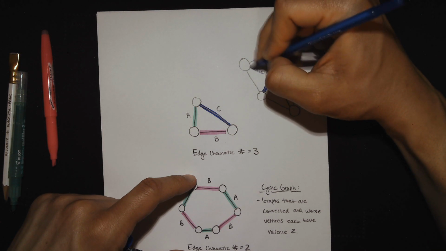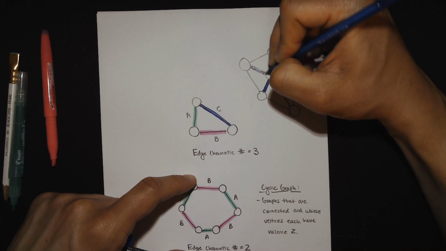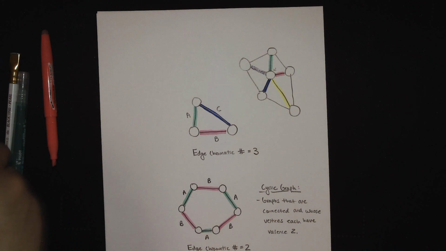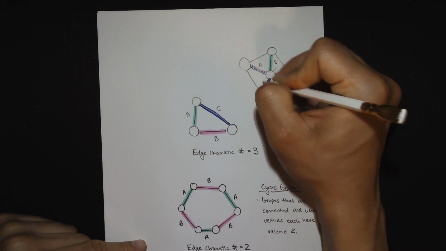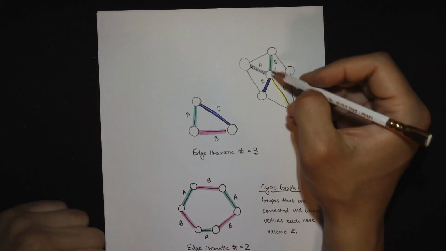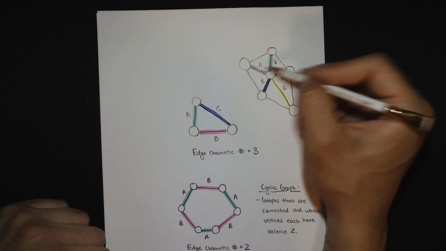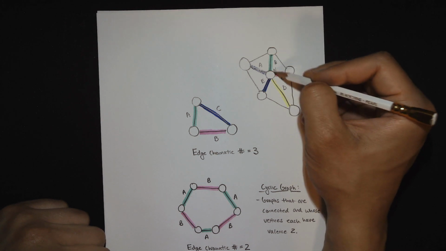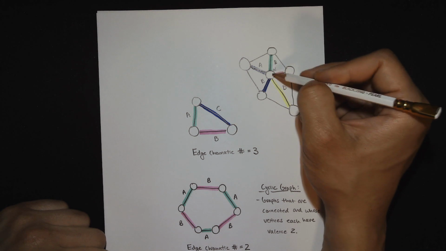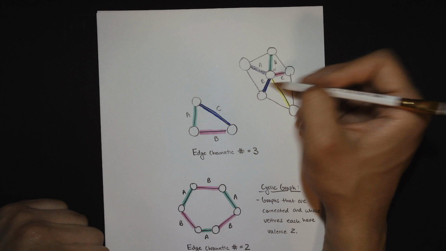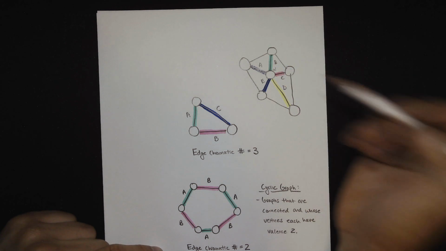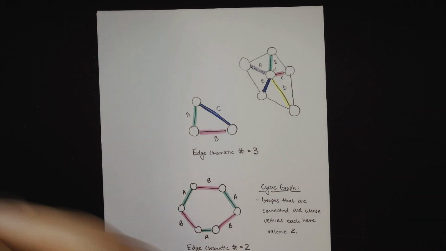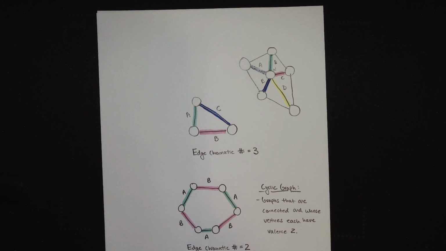This is a different color blue here, a lighter blue. Okay, and then let's give labels here: A, B, C, D, E. So we know that the edge chromatic number has to be at least 5, because we have a vertex with valence 5, which means 5 edges meeting at one vertex, meaning 5 adjacent edges. So each of these needs to have a different color. Okay, so we didn't really have an analog to that in the case of the vertex coloring problem.